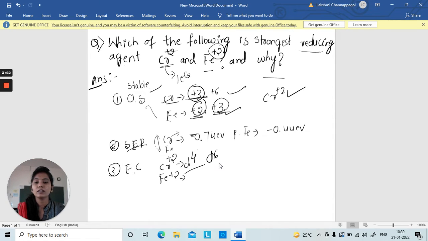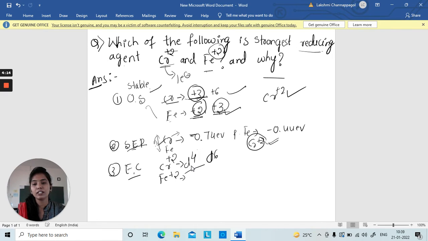So here chromium is above iron, that's why chromium will be the strongest reducing agent. Chromium plus 2 can easily undergo oxidation, meaning it can easily reduce another substance. In the second point also, chromium is the right answer.